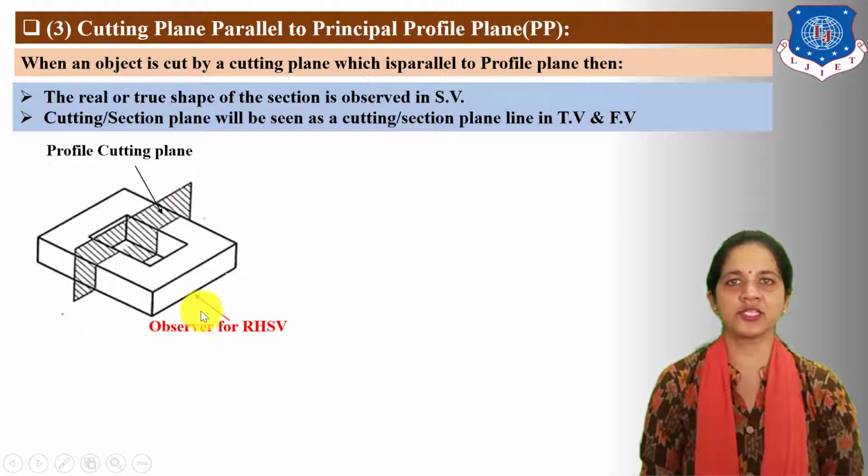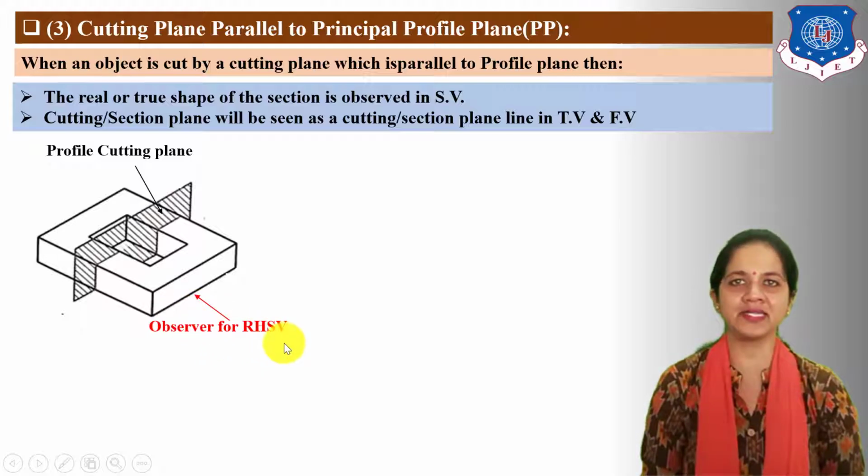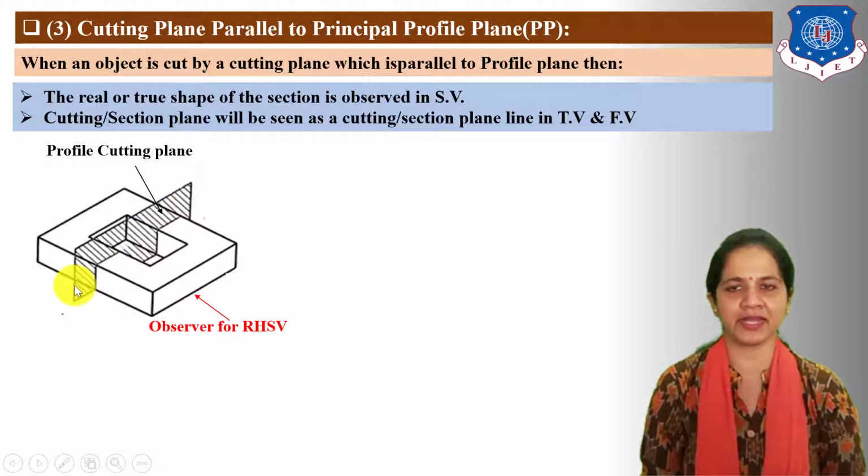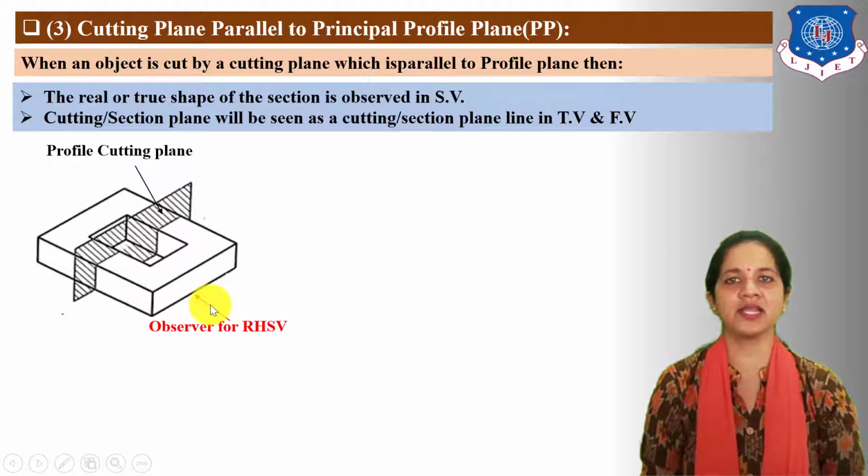Here the direction of the observer for the right hand side view is given. When we take section by the profile cutting plane, then the section appears in the right hand side view, and in the top view and front view we need to draw the cutting plane line.